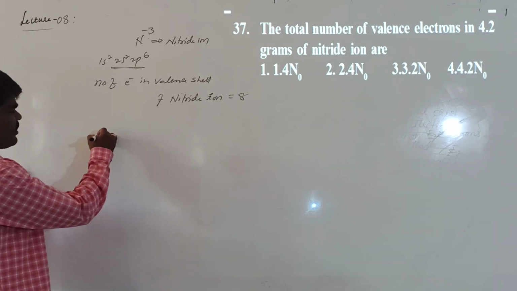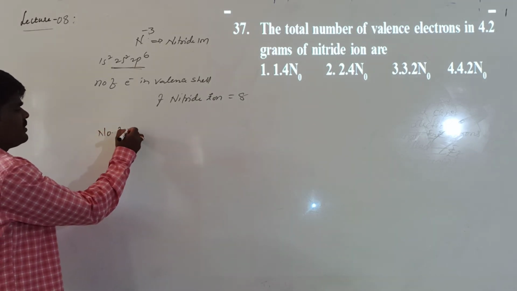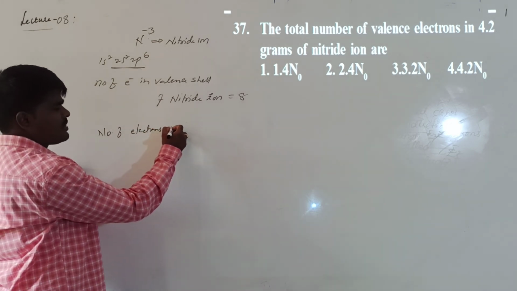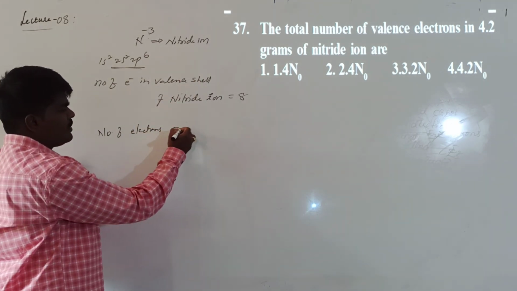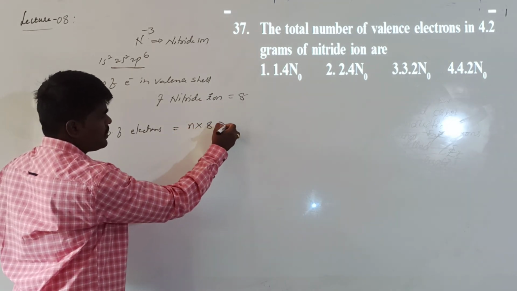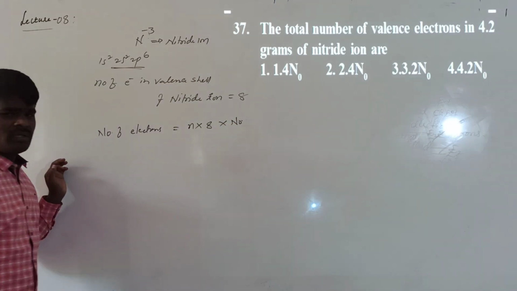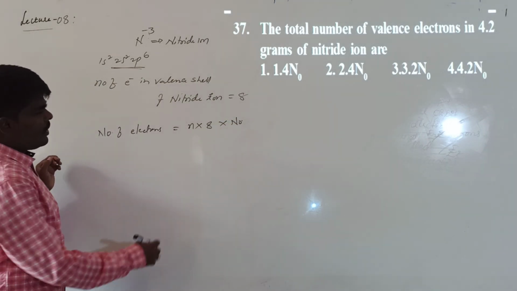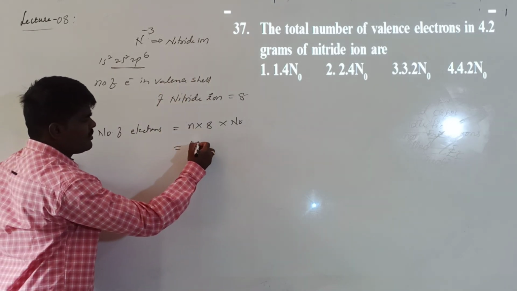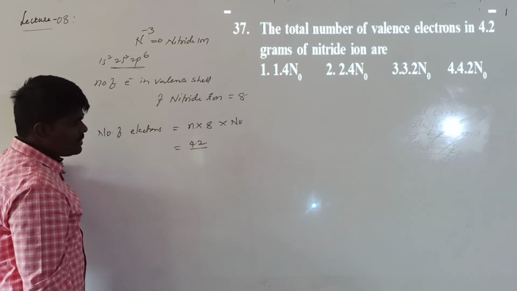How to calculate the number of electrons? The number of electrons is equal to the number of moles times the number of electrons in one ion times Avogadro number. Right? How to calculate the number of moles of nitrogen? He has given the mass. How much has he given? 4.2, right?